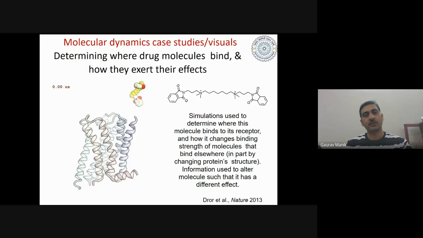The other applications could be where you can try to understand how drug molecules bind with various proteins and tissues in the body, and you can visualize whether the binding of the drug molecules to their receptors will happen or not. Some of those case studies we will touch upon.